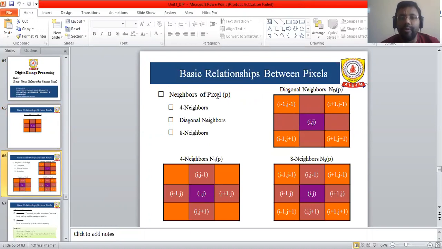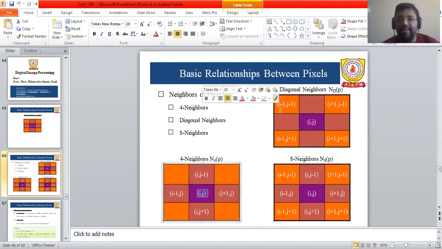Now we talk about the neighbors of pixel small p that we assumed in the previous slide. When we talk about four neighbors, it is the concept of top, bottom, left, and right. So this is the 4-neighbor connectivity from the point i comma j. Then we talk about the diagonal neighbors: i minus 1 comma j minus 1, i plus 1 comma j plus 1, i plus 1 comma j minus 1, and i minus 1 comma j plus 1.